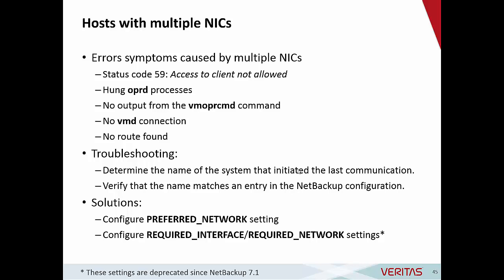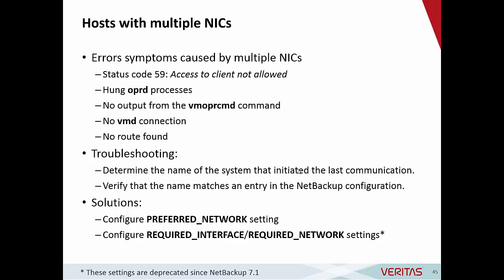So, some suggestions here for working around this. Take a look at the name of the system that initiated the last communication and make sure that matches an entry in the NetBackup configuration. If traffic is going across the wrong network connection, then it may have the wrong host name associated with it.